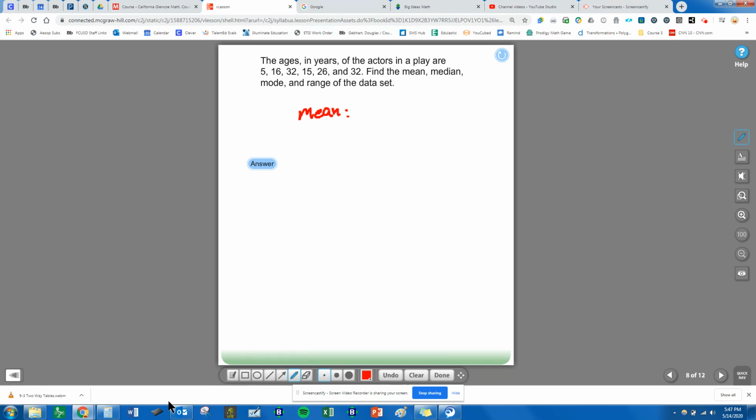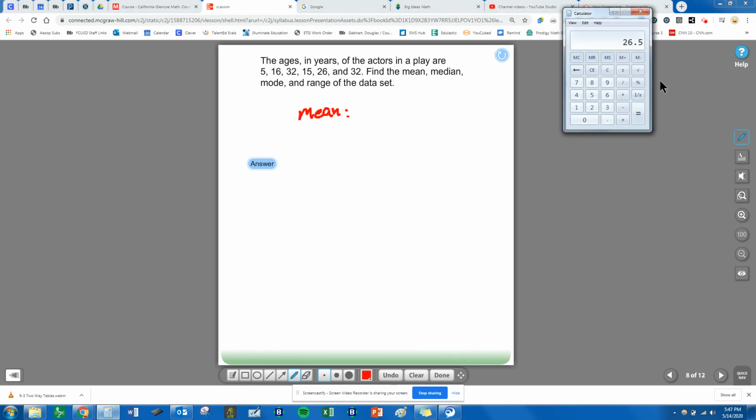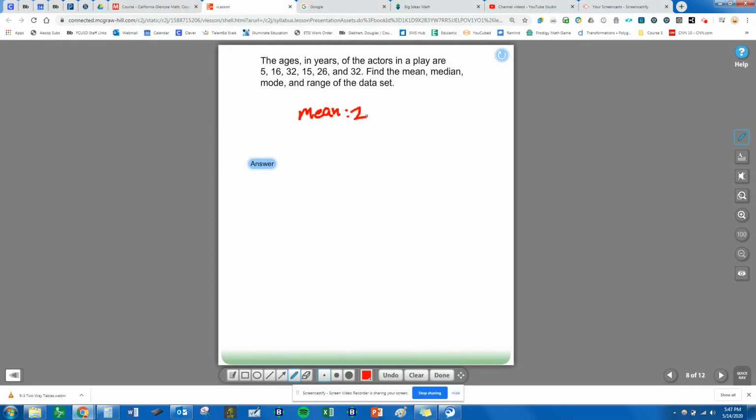All right. So you should have found that the mean is 5 plus 16 plus 32 plus 15 plus 26 plus 32. You should have gotten 126 as the sum and then divided it by 6. And you would have gotten that the mean here is 21.